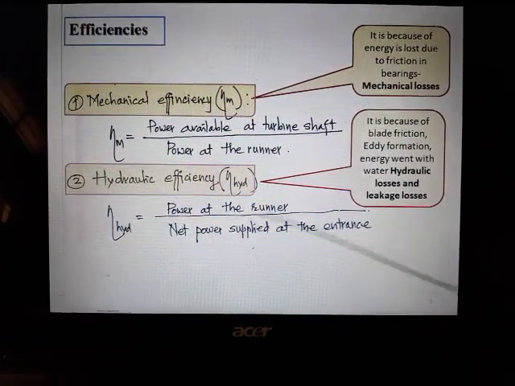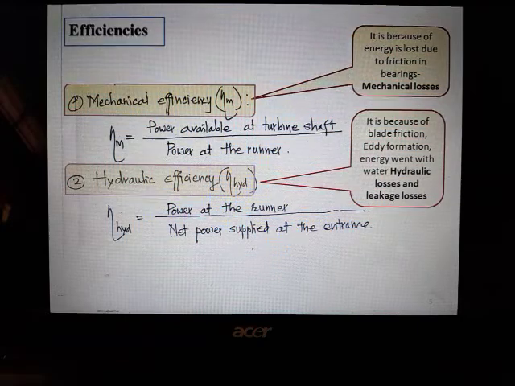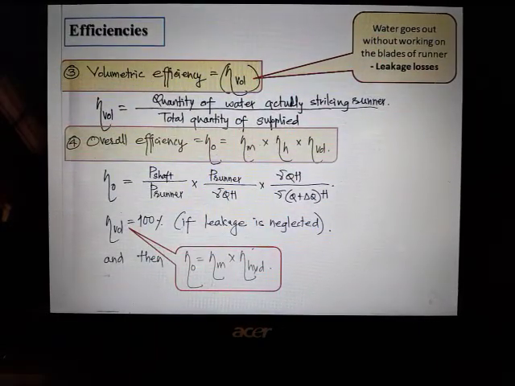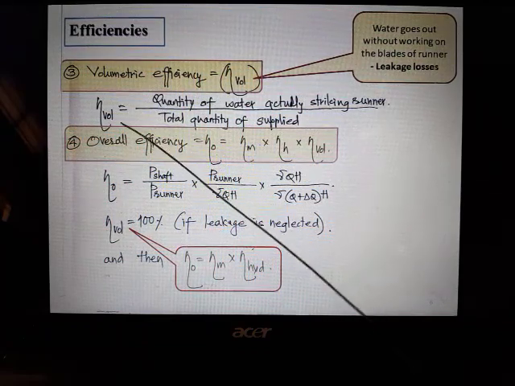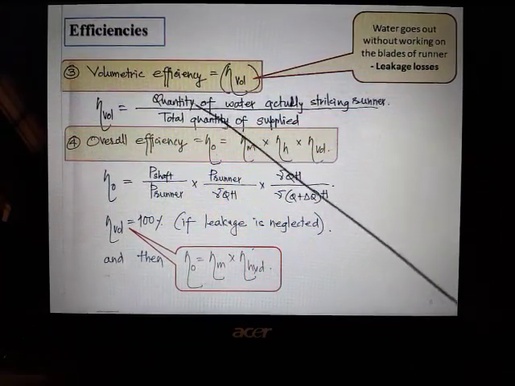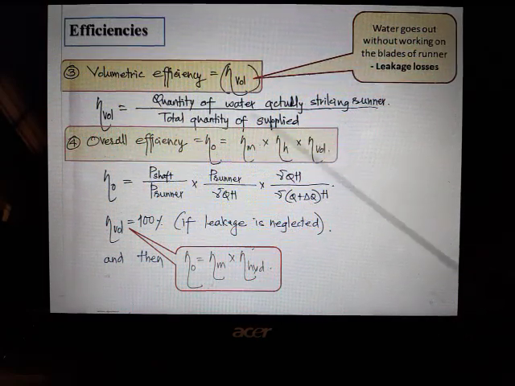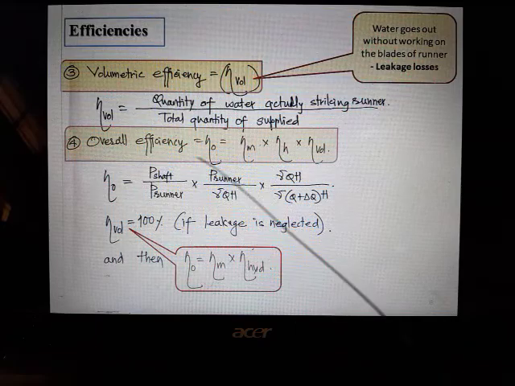This covers what are known as hydraulic losses and leakage losses. Then volumetric efficiency, which covers leakage losses, is defined as the quantity of water actually striking the runner divided by the total quantity of water supplied. So this we have seen already.